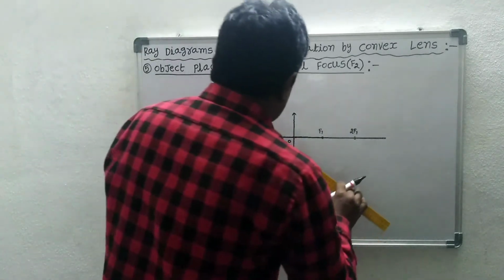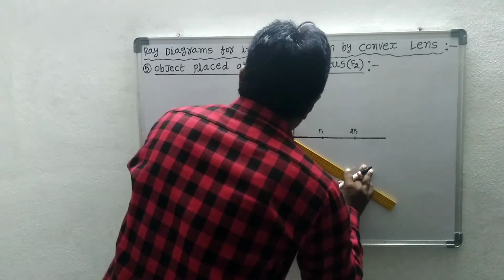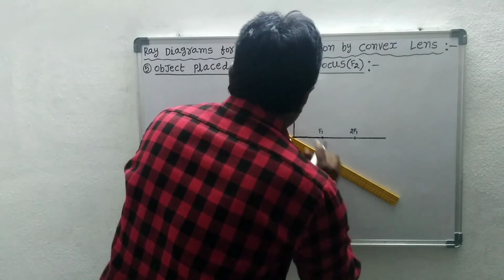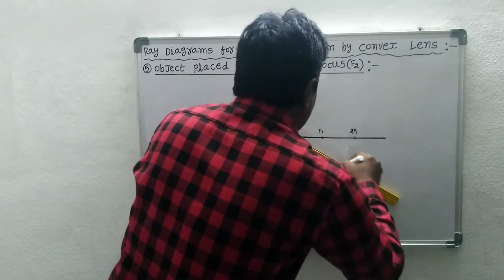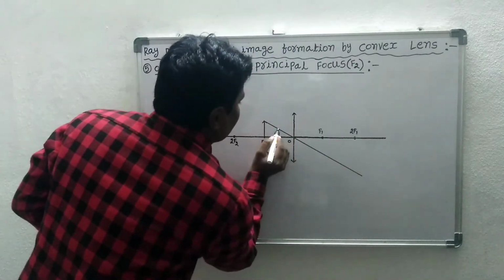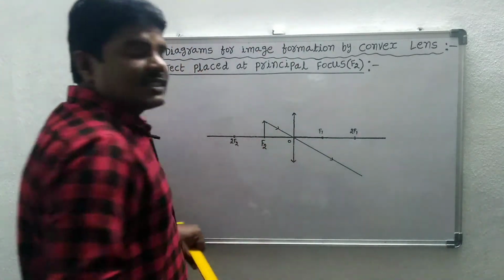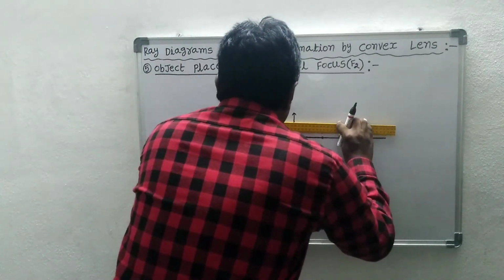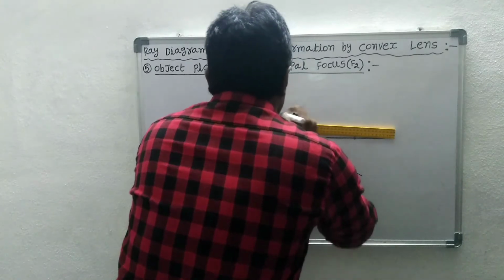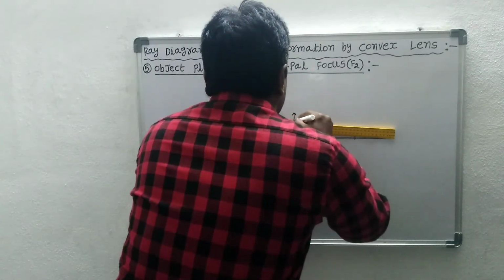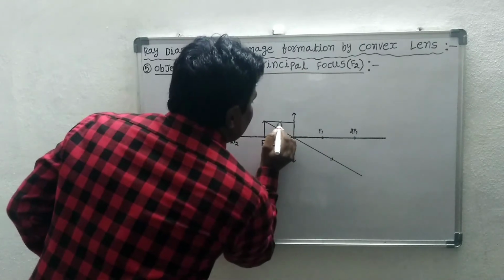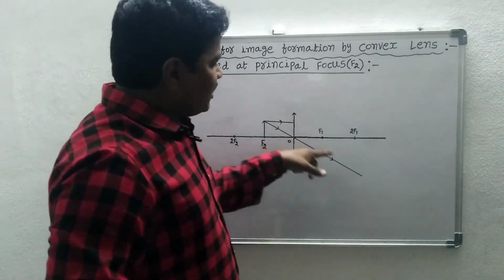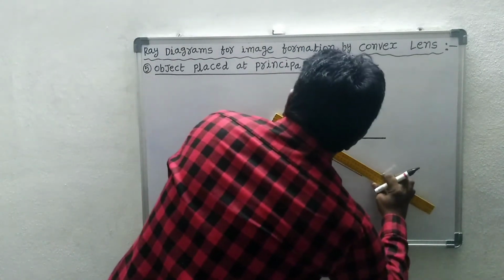It goes straight like this. We take another light ray passing parallel to the principal axis. That light ray is deviated and passes through the principal focus.